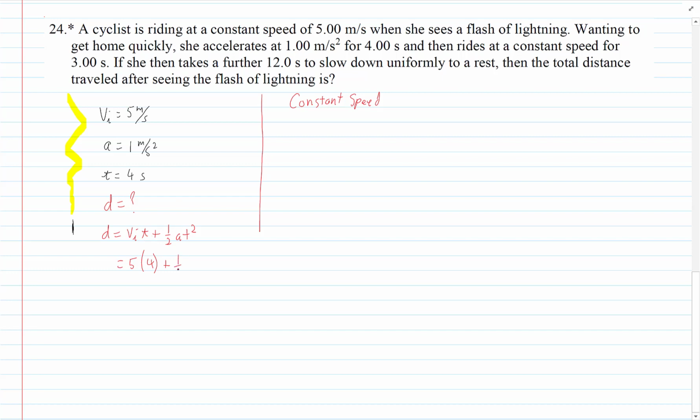But because she accelerated, she went a further distance. So 4 squared is 16, times 1/2 is 8. Sorry, I was working too fast in my head. Here we go. 20 plus the 8, so she travels a distance of 28 meters.